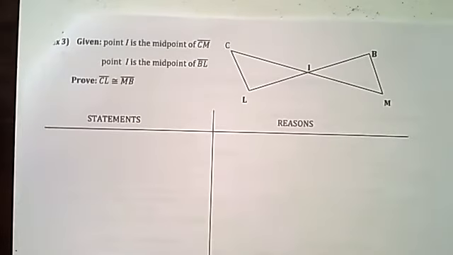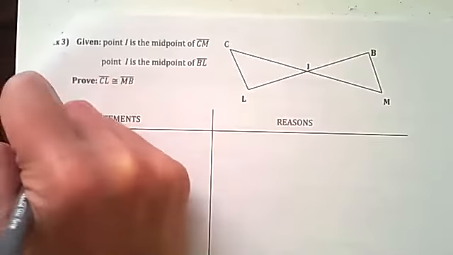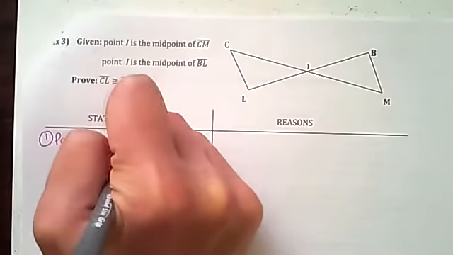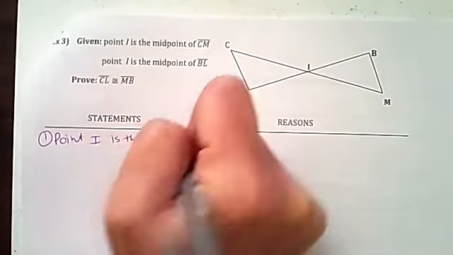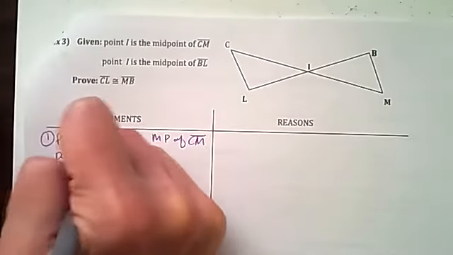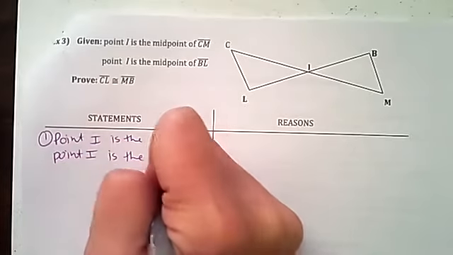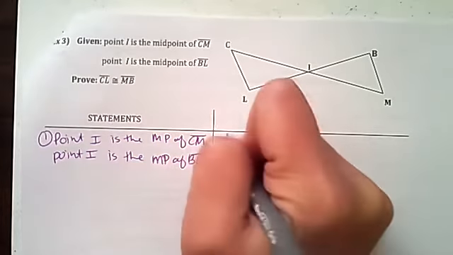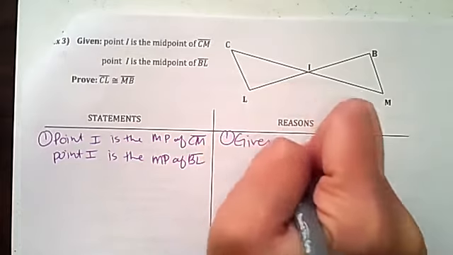Okay, number 3, we're given point I is the midpoint of CM, and then also point I is the midpoint of BL. So that's all given.